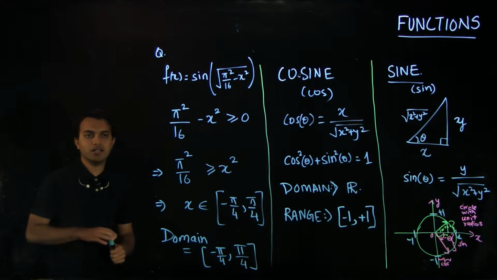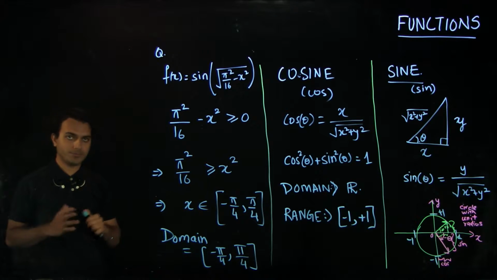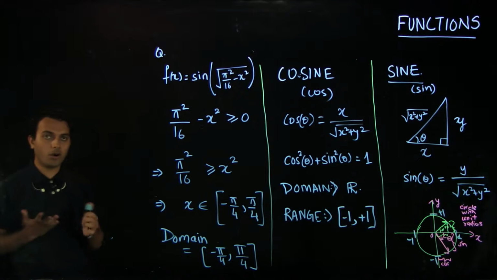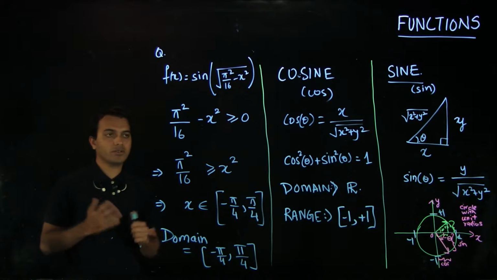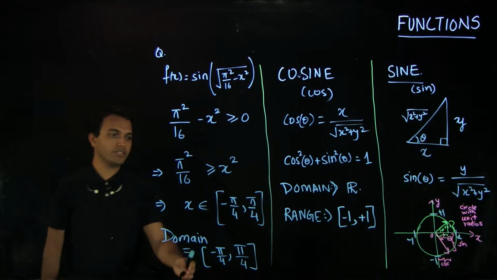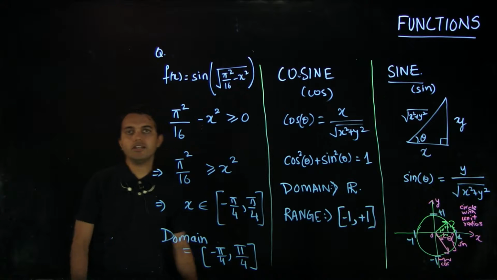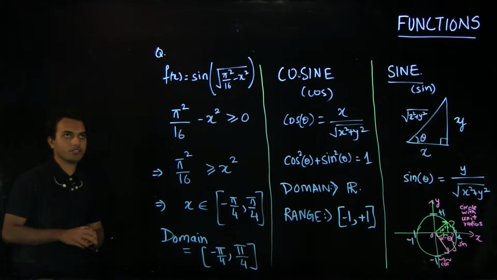If a function is monotonic, that means it's either increasing or decreasing. So in that case, you just take the value at the start and the ending location of the domain. You find the value of the function here and the value of the function there, and based on that figure out the range of the function.